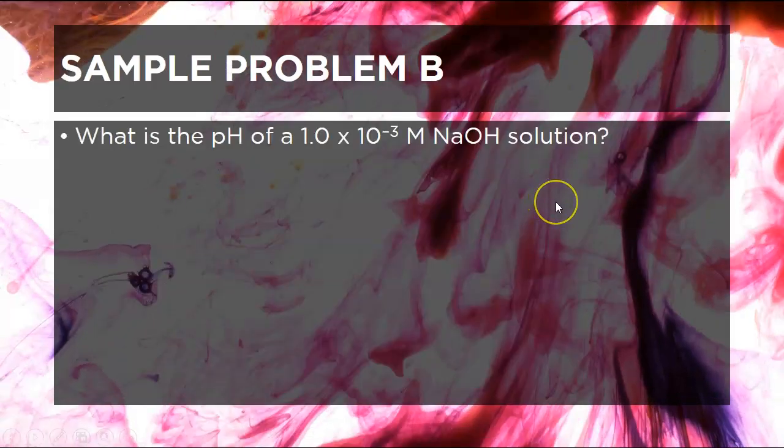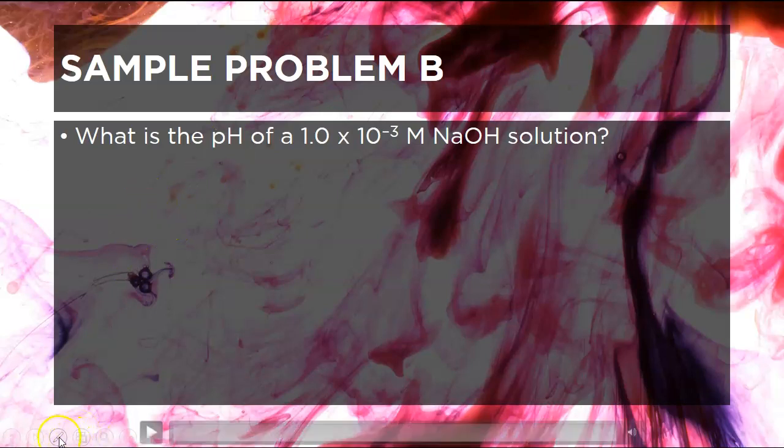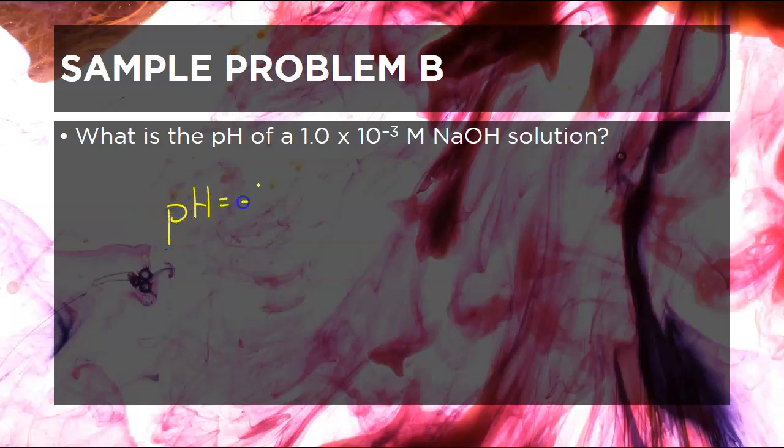So let's go ahead and see if we can calculate the pH of 1 times 10 to the negative 3rd sodium hydroxide solution. pH is the negative log of my hydroxide concentration.